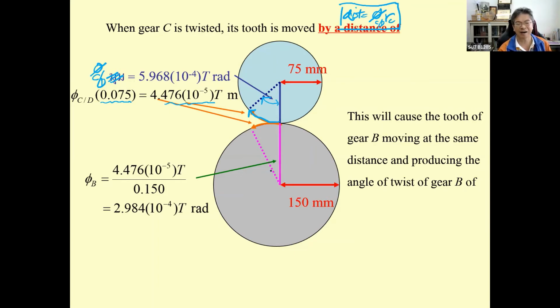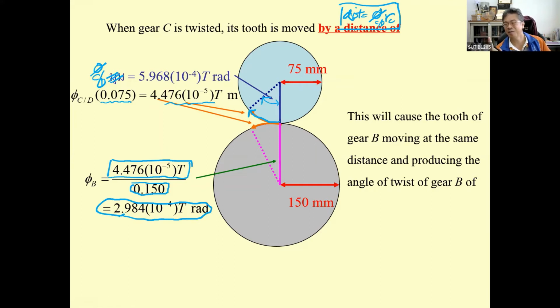This is R sub B. So the same distance is divided by the larger radius, and the angle of twist is reduced by half.